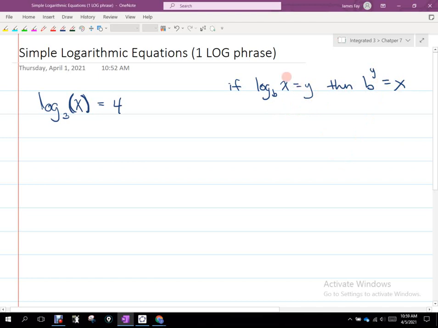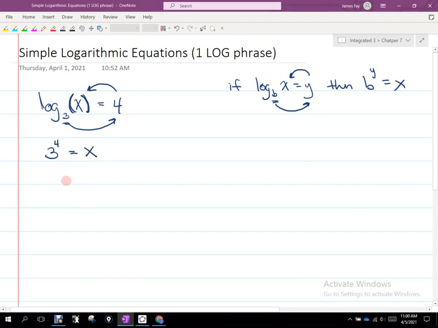Remember that? Taking this as your base, raising it to the y, and it comes back and gives you that x. Every time we solve one of these logarithmic equations I give you today, that's the route you go. So you're going to take your 3, which is your base, raise it to this exponent, and it's going to come back and give you x.